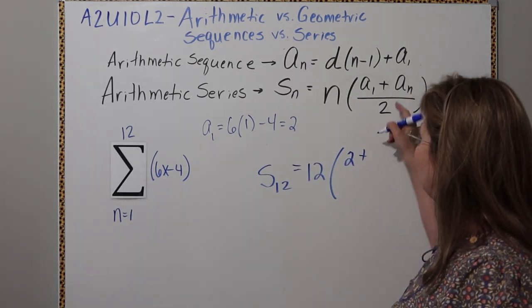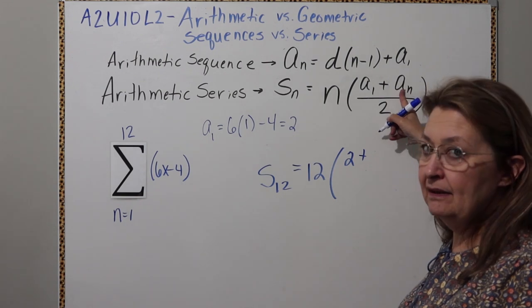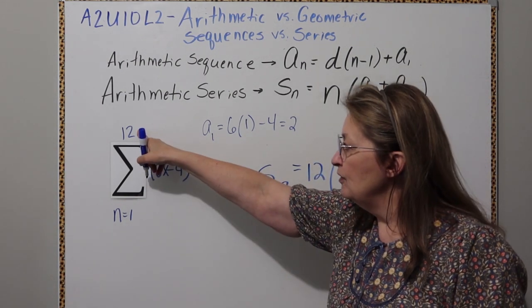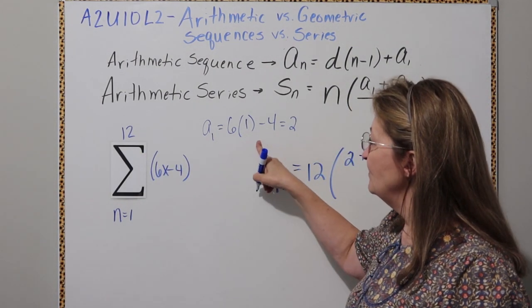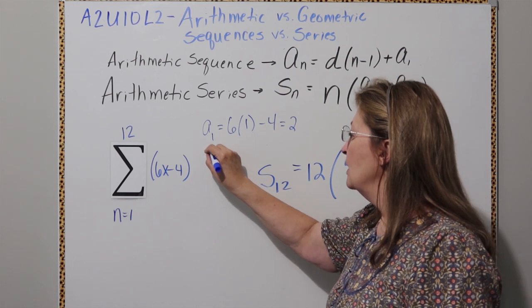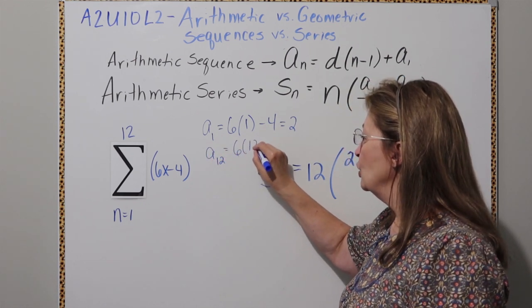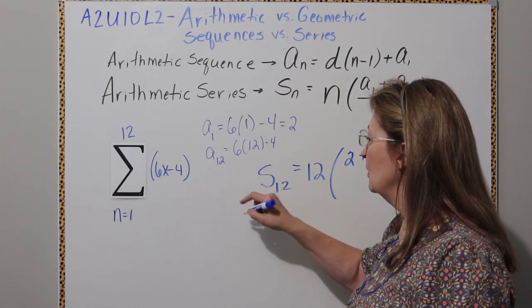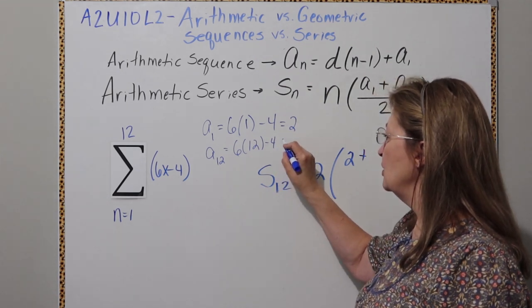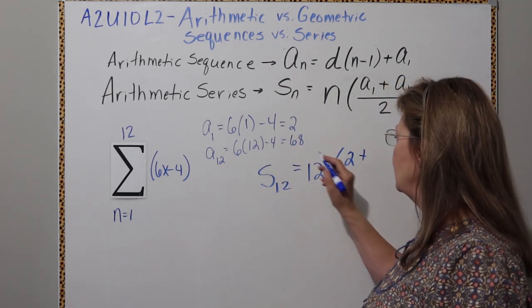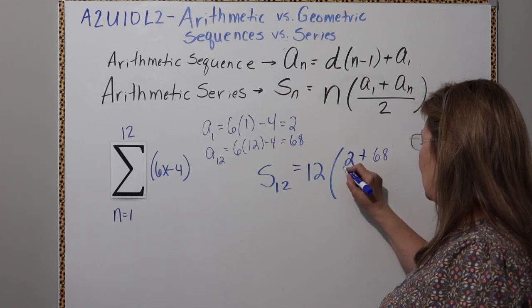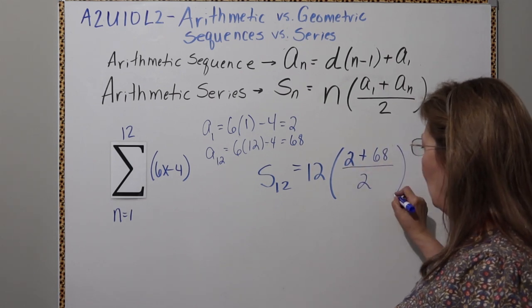All right, I'm going to need to add my nth number, so I'm looking for the 12th one. I'm going to do the same thing, just with 12. So A12 is equal to 6 times 12 minus 4. 6 times 12 is 72, minus 4 is 68. So now I have 68 over 2.